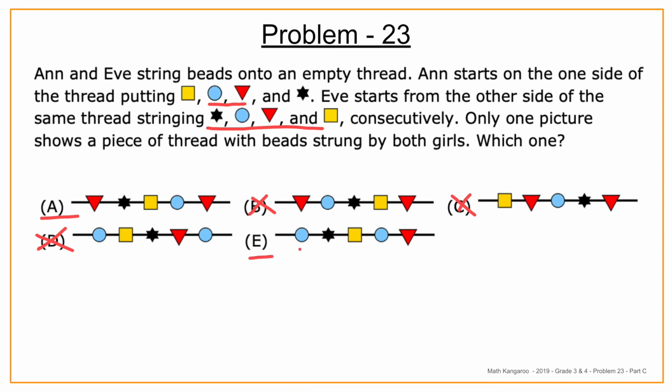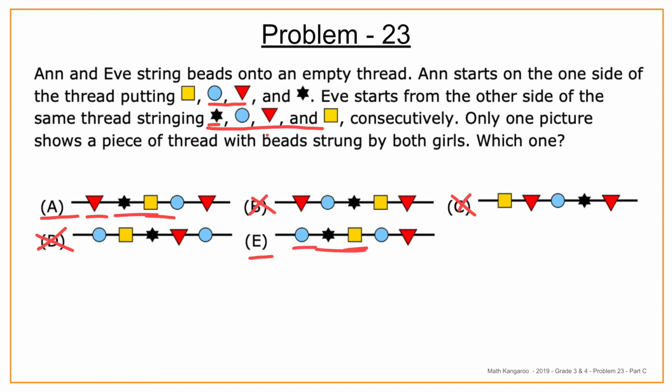Now let's move on to the next pattern. The difference is that we need to have a yellow, and both have a yellow. Then we have a star on both, that is correct. Now the difference is between the red pearl and the blue pearl.